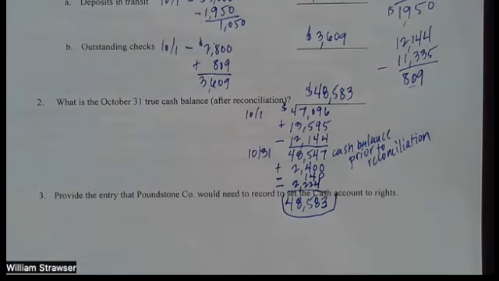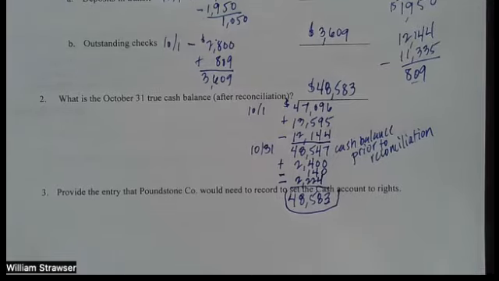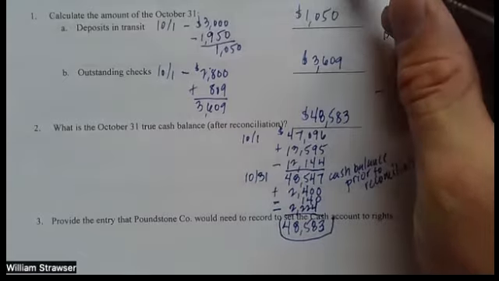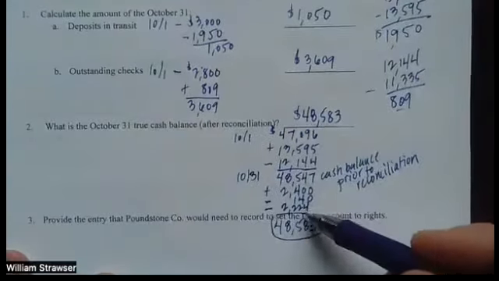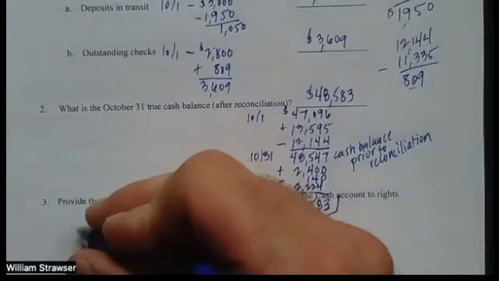What is the entry that I would need in order to set the cash account correctly? So I've done this reconciliation in terms of finding out what the real balance is, but how would I log that into my books? And that's just taking each one of these items that the bank knew that I had to update the books for, those three numbers, and making journal entries out of them.